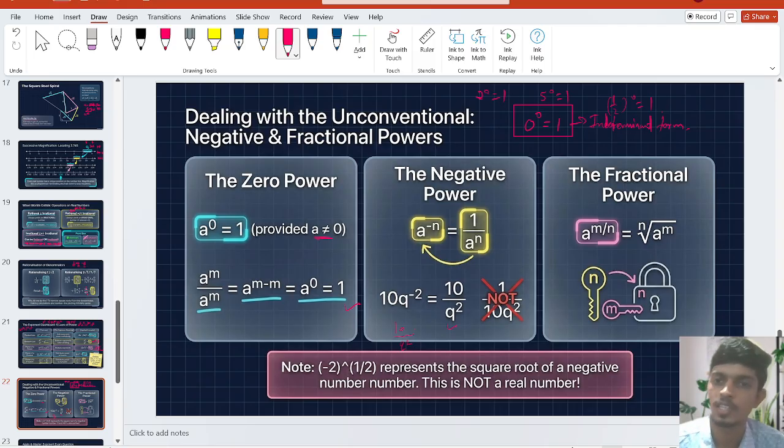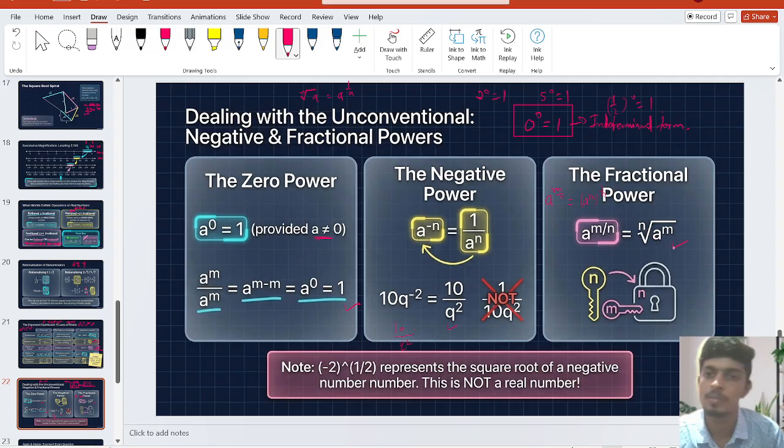You already know that a to the power m by n can be written as follows. The nth root of a can be written as a to the power 1 by n. Applying this, a to the power m by n can be written as a to the power m to the power 1 by n, that is, the nth root of a to the power m.